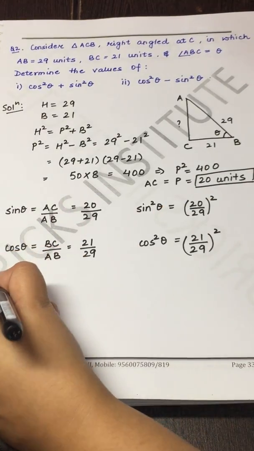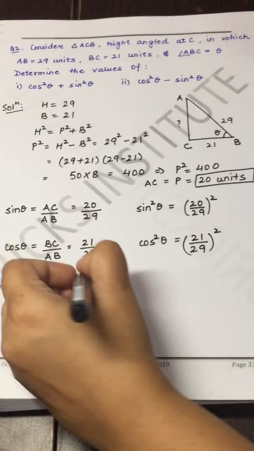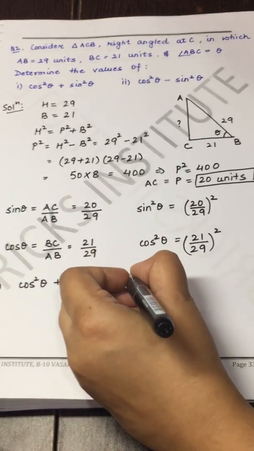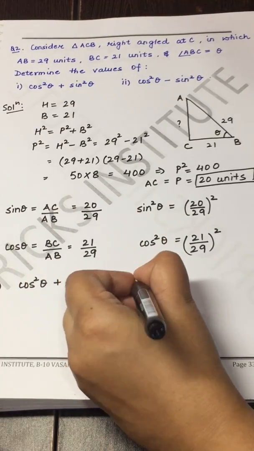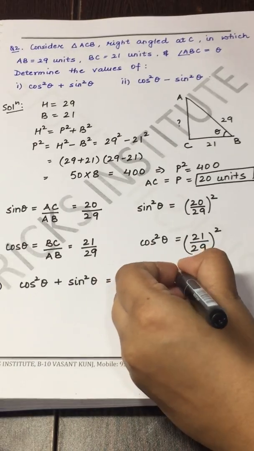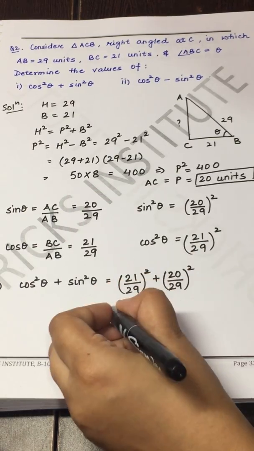So first part of the question says calculate cos square theta plus sin square theta. Let's substitute the values now. So 21 upon 29 whole square plus 20 upon 29 whole square. Let's calculate this.